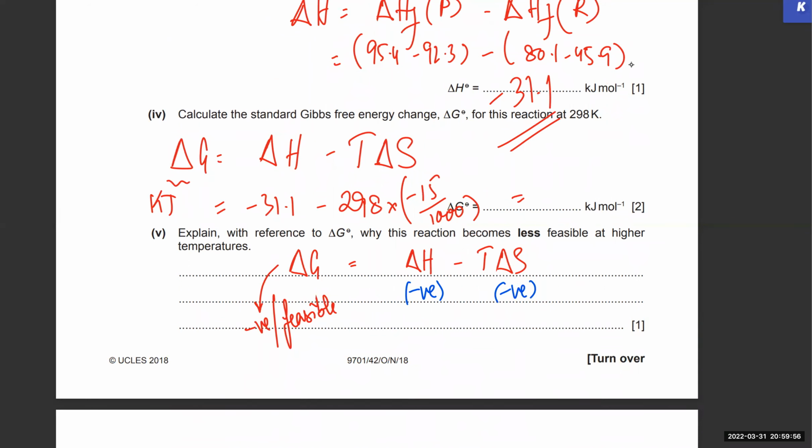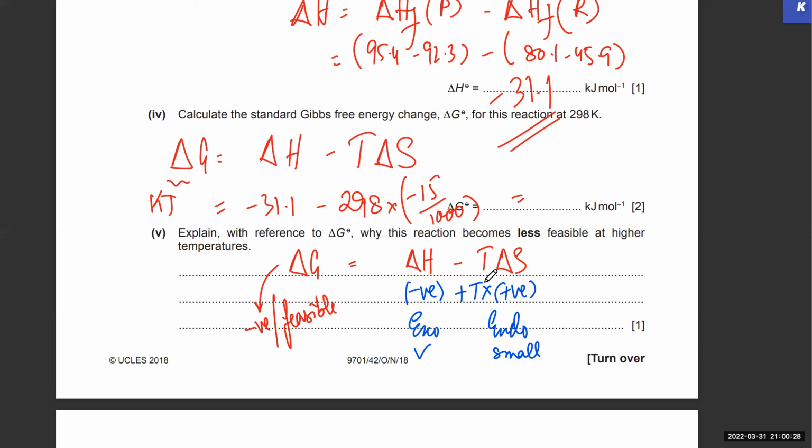So a negative thing minus T times a negative thing, that would become a positive thing, right? Is that clear? Yeah. So one of the parts is endo, the other part is exo. Now, for a feasible reaction, we want to make the overall thing exothermic, right? So we want to make it exothermic. So we're going to try and keep endo as small as possible. Then the reaction will be feasible, right?